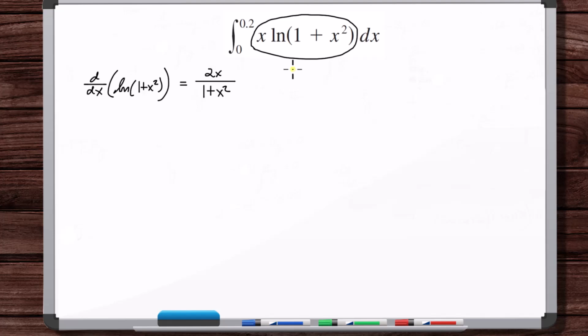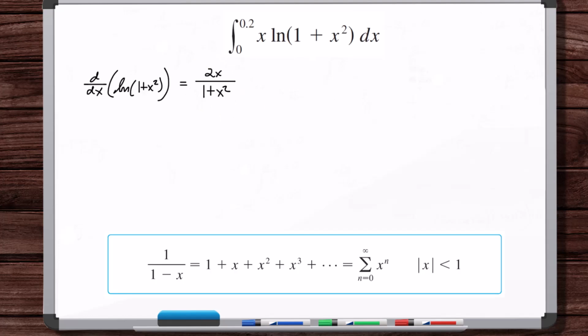To do that, we use a separate process, because this is something we can represent as a power series by matching up with the base geometric series with first term 1 and common ratio x centered at 0. We can match this up, create a power series, and then integrate that. You'll see how this works as we go.